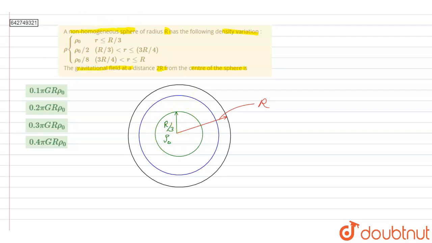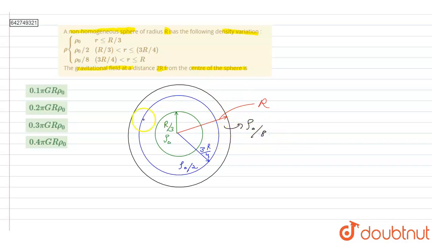Similarly, the second sphere has density rho naught by 2 and radius 3r by 4, and the radius of the outermost sphere will be r, but its density will be rho naught by 8.